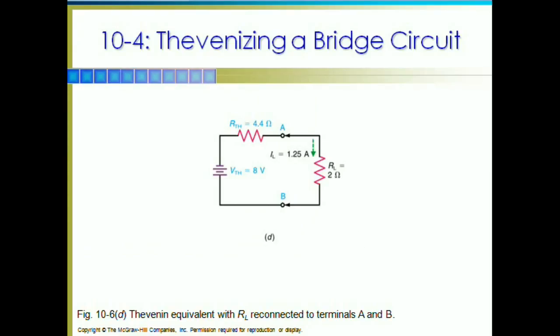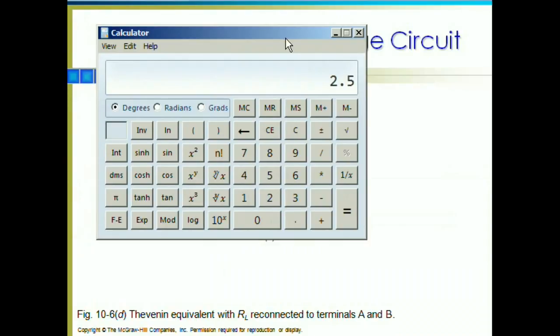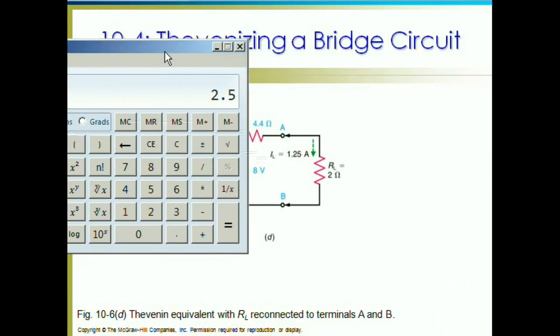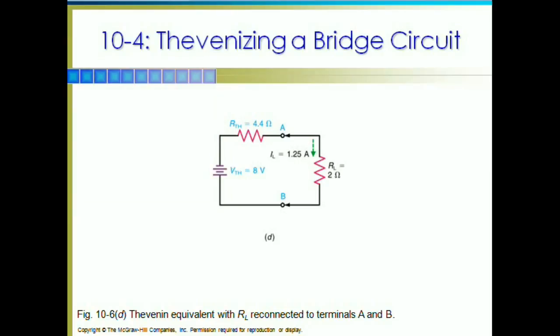And somehow I lost my... that's going to have that cut down there. 2.5 volts divided by 2 ohms equals 1.25 amps, just like it says in the fine print there. 2.5 volts, 1.25 amps.